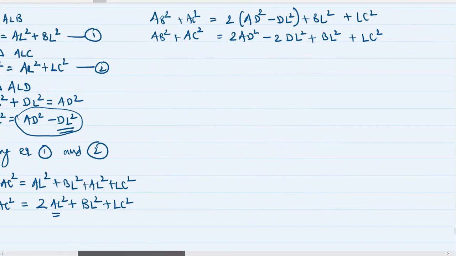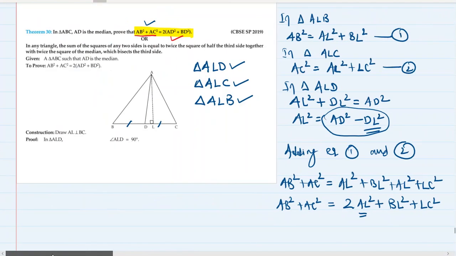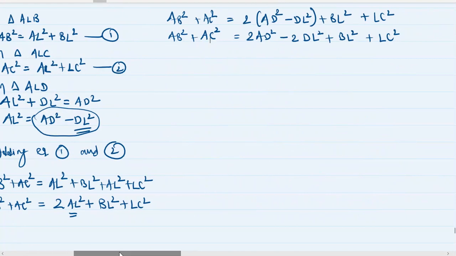We have all this 2DL square, BL square, LC square, everything. But what we have to do is transform these terms into 2BD square. How do we do that? So we have to find some relationship, something common between all these terms and BD square.